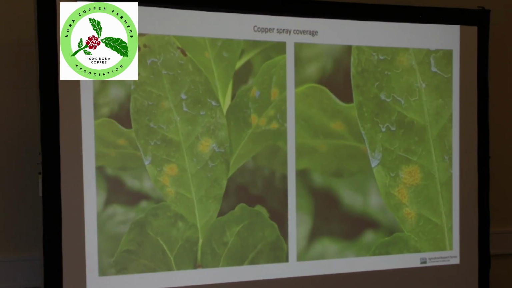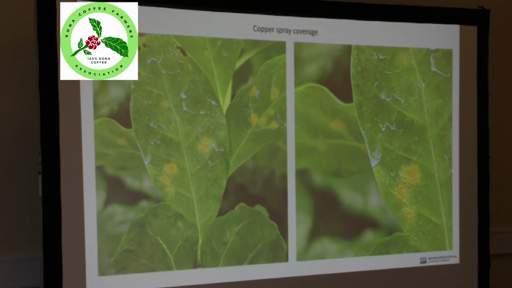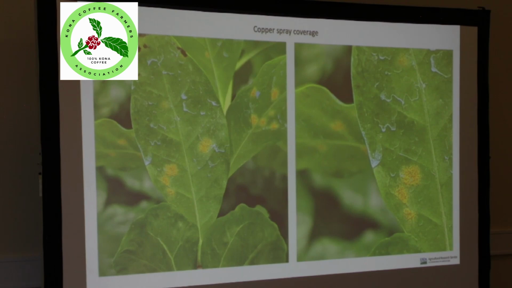Okay, so this was our test: spray the copper product on the potted plants, let it dry, and immediately inoculate. And we were surprised to see spots and spores develop over time. But when you zoom in to some of these pictures, this is a good example and a good lesson for why coverage is key.